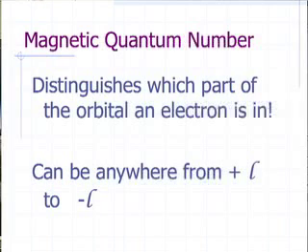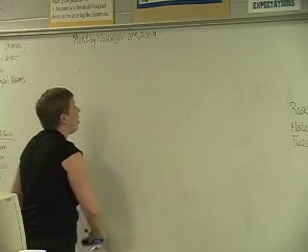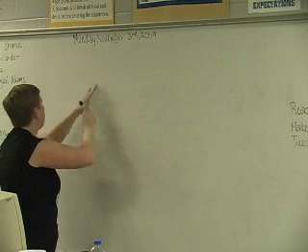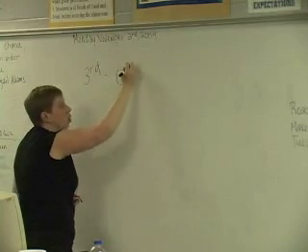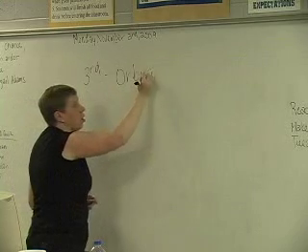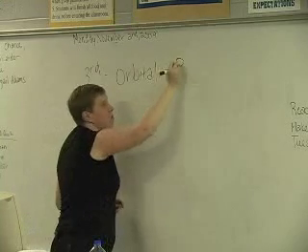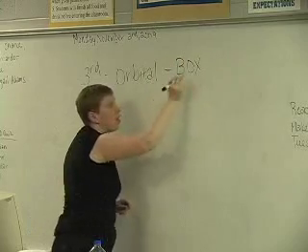The third quantum number distinguishes what orbital you're in, and the orbital is which box you live in. So the third quantum number represents which orbital you live in, or which box you are in.